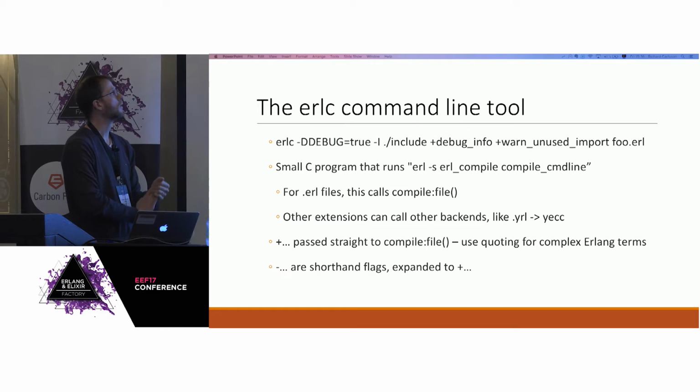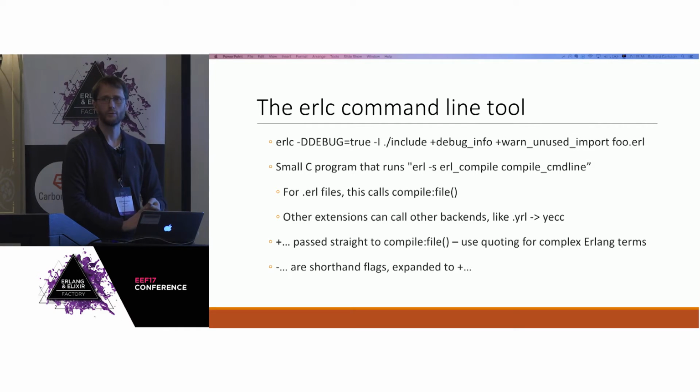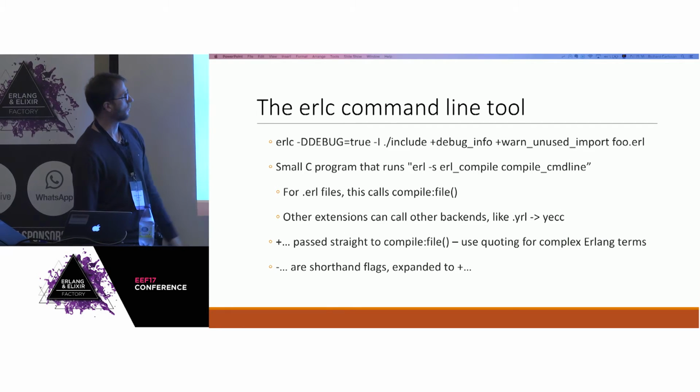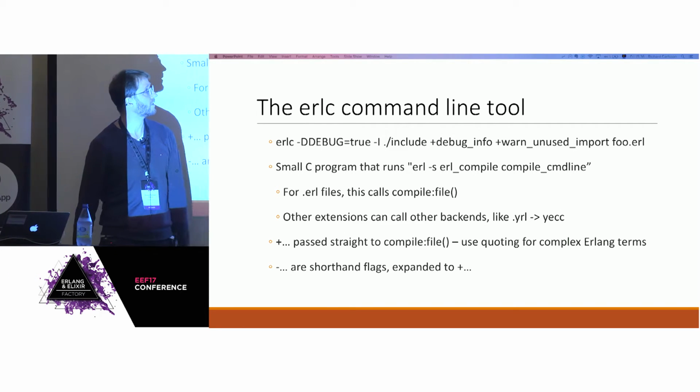And if you want to automate compilation through makefiles and other things, then you'd prefer to use the erlc command line tool, where you can pass flags like -d debug or -I include.